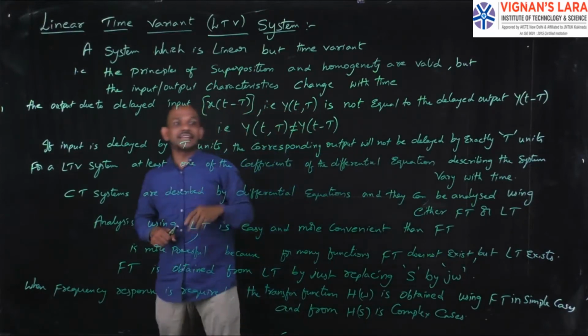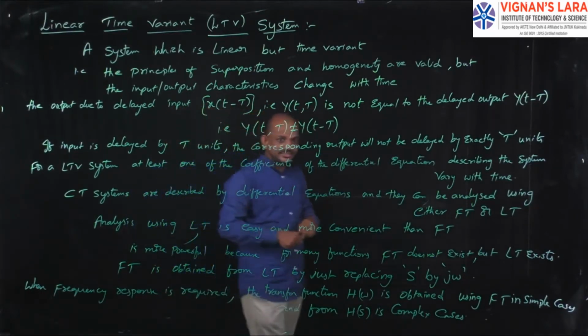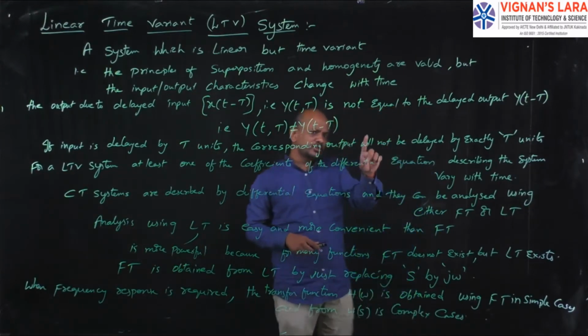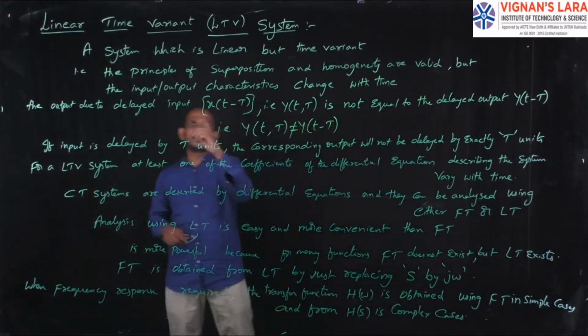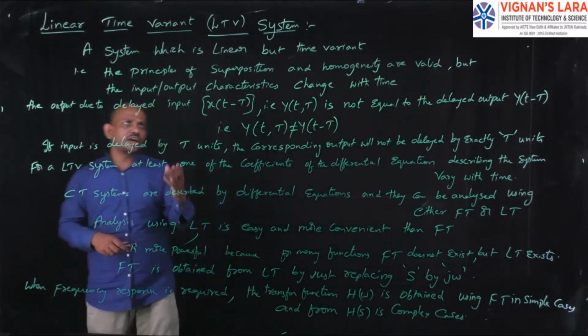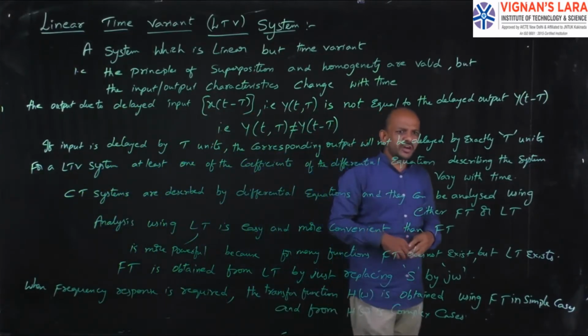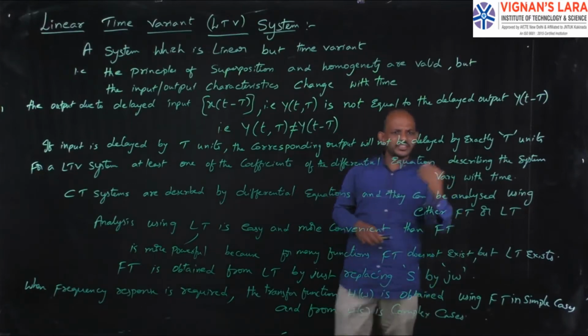Time variant means the input output characteristics change with respect to time, and linear means it has to satisfy both the principles of superposition and homogeneity.